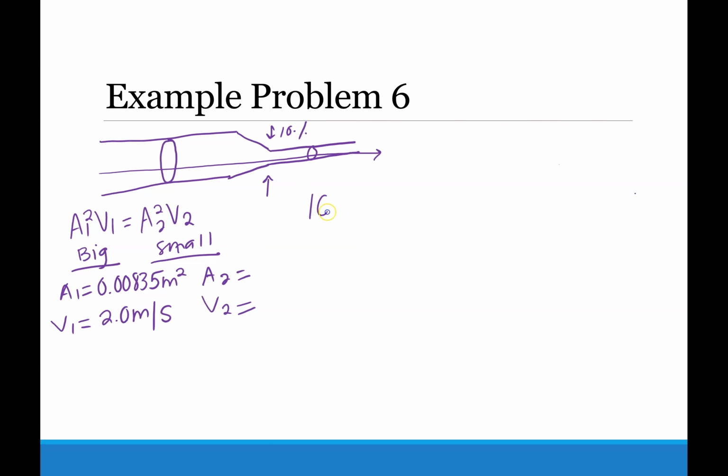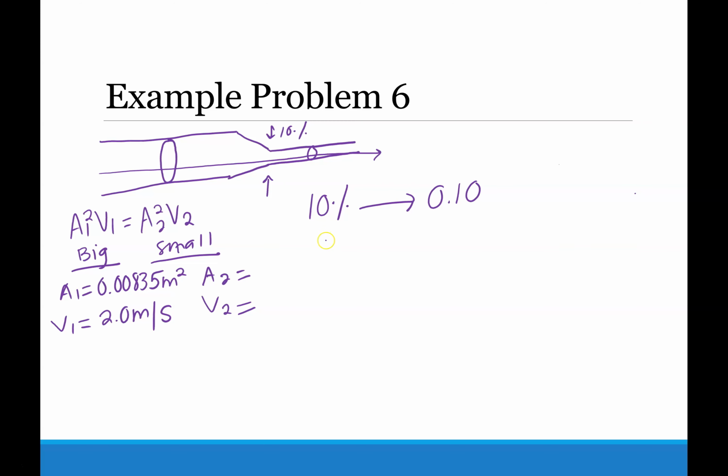It narrowed by 10%, so we have to take 10% of the first area. And to do that, you have to convert the percent into its decimal form, which is 0.10. So the way that you take a certain percent of a number is to multiply the number by the decimal form of the percent that you're trying to take from it.